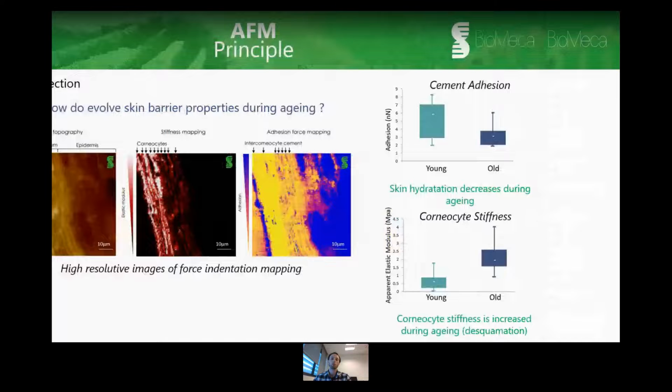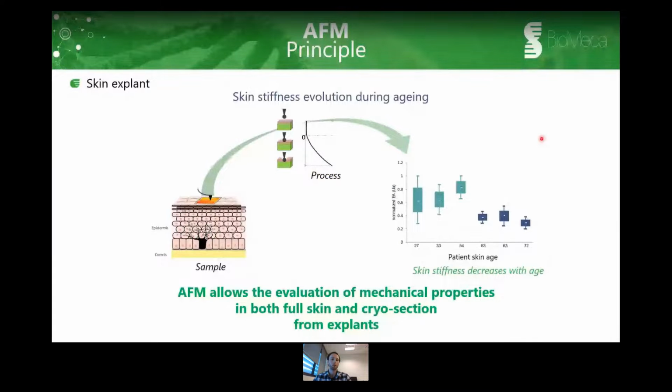Of course, we can also perform AFM measurements directly on a full explant. In this study, we are still interested in the evolution of the skin stiffness during aging. To do that, we performed AFM measurements directly at the surface of the sample, but by indenting the sample enough to be sure to measure the impact of aging on both epidermis and dermis.